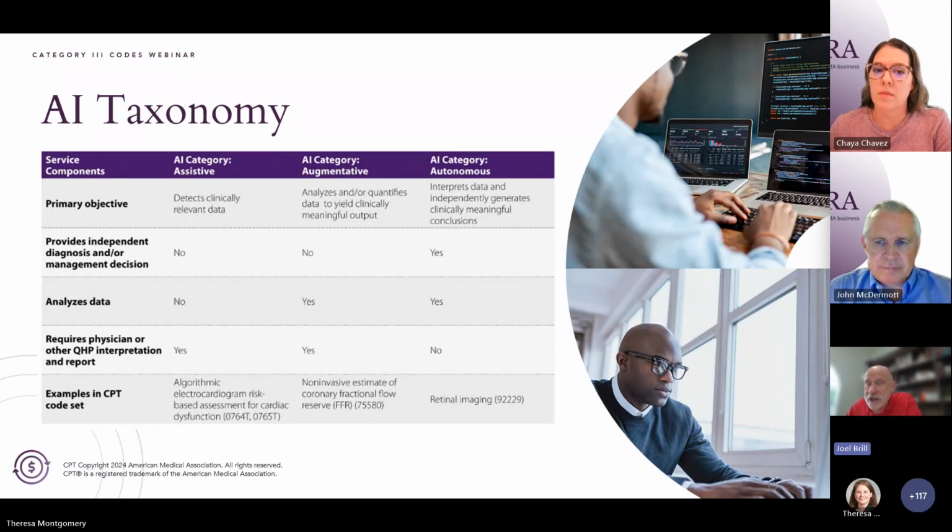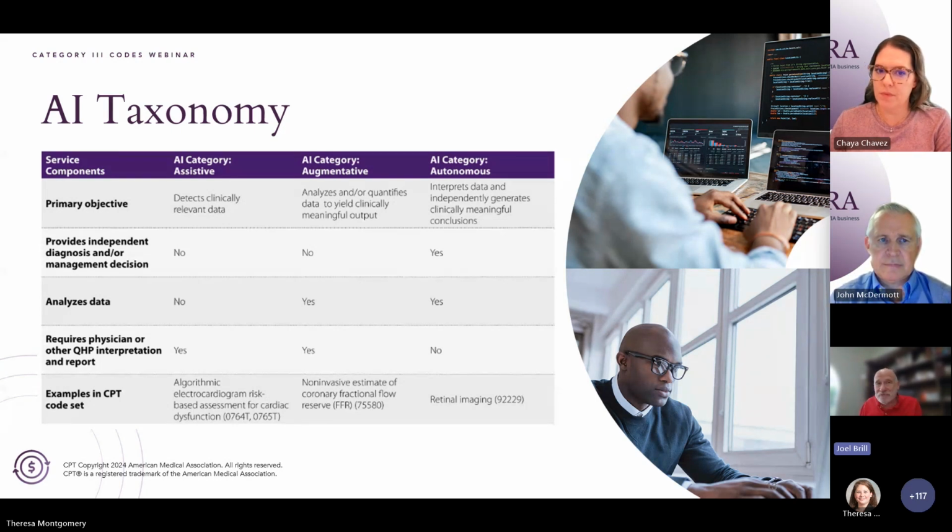So the AMA has had a number of working groups, and this was something that was developed out of one of those working groups, and it's been very, very timely because not only has it provided all stakeholders with appropriate ways of thinking about AI, it's also led to changes within the CPT application itself.